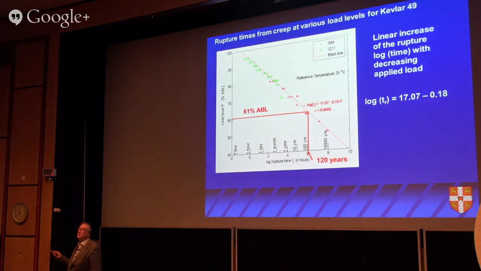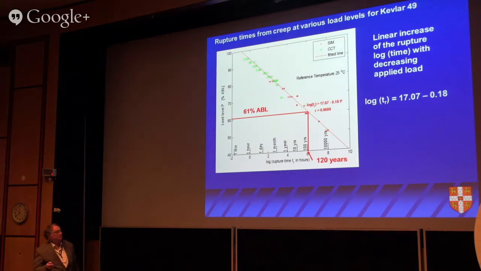Now, we've done a lot of work before this, looking at the properties of Kevlar. This was done in association with designing bridges and so on. There's a phenomenon with these materials called creep rupture, that they will creep until eventually they will fail. And we need to know what that number is to know what strength we can use in them.